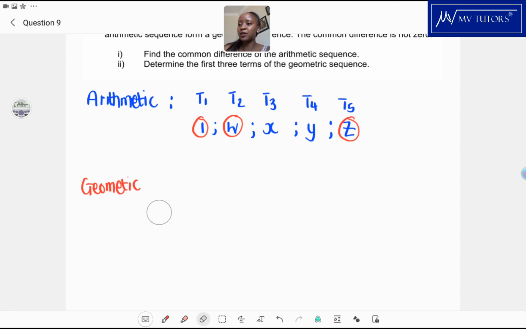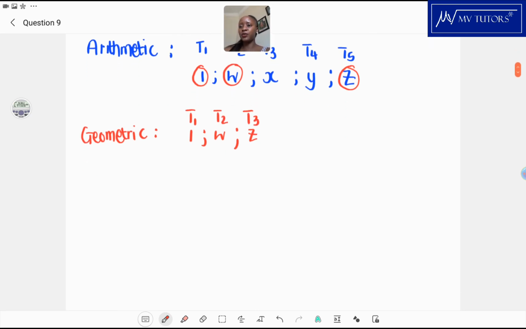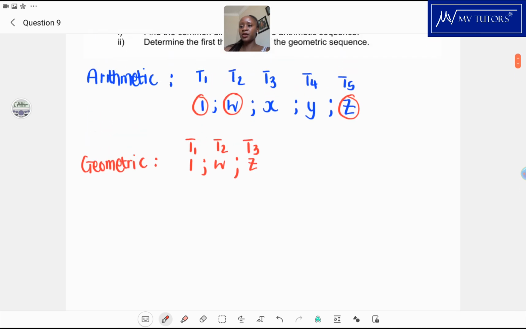Geometric, oh gosh, can't spell. Geometric. Okay, so I have 1 as the first term, W as the second term, and Z as the third term. Okay, so what can I do then with this info? I'm going to start with the geometric.